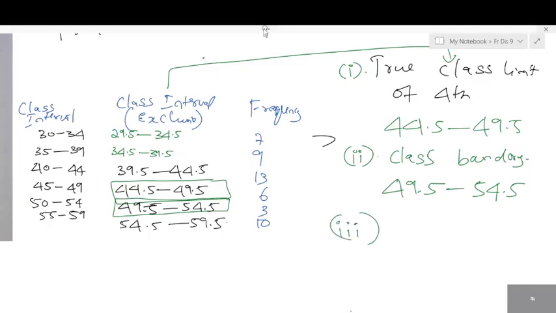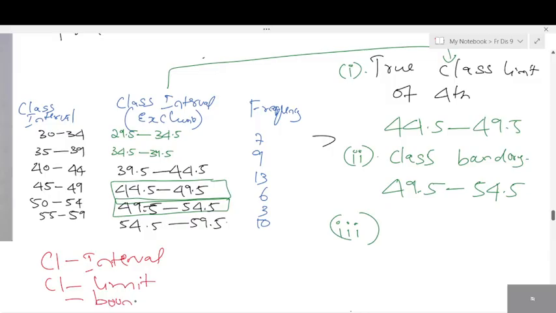So what are the different names we have? Can you tell me? Class interval, class limit, class boundary. Make a note of this. They might ask you anything, students. Class interval, class limit, class boundary. The meaning is the same.